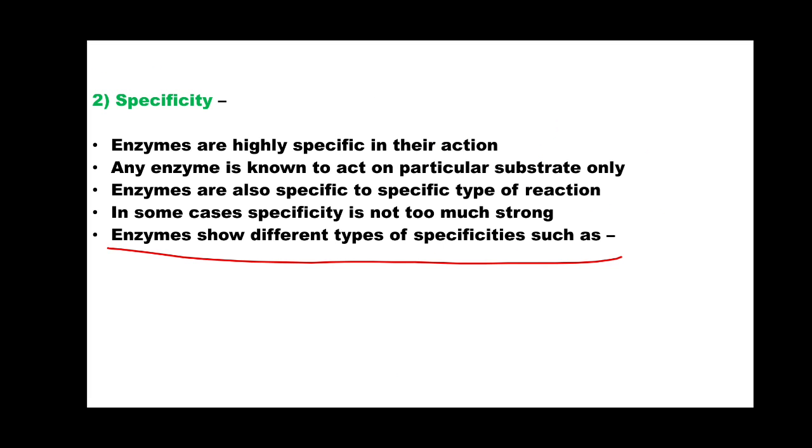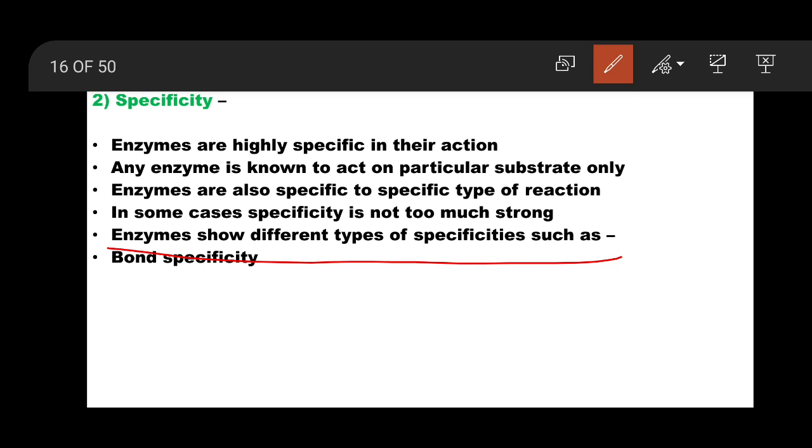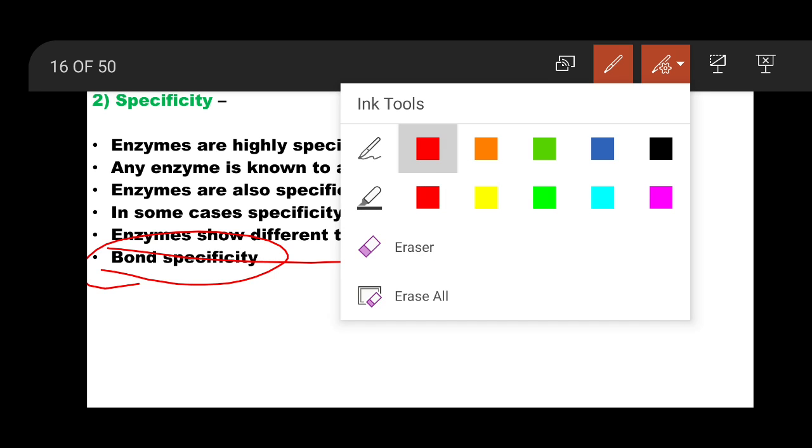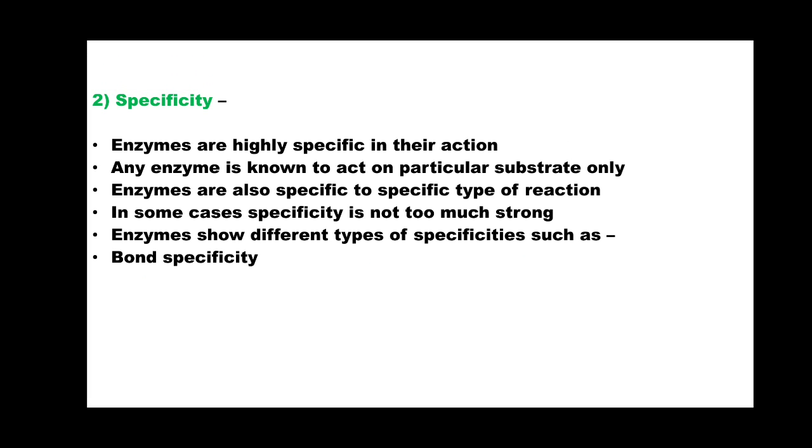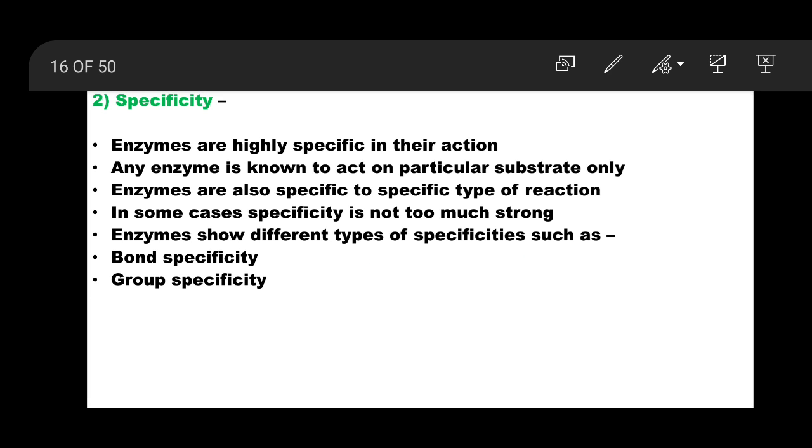Let us see which types of specificities are here. Bond specificity. The enzyme acts by bond specificity, which requires a specific type of chemical bonding. If that specific chemical bonding is not present, there will be no action or function of the enzyme. Group specificity.